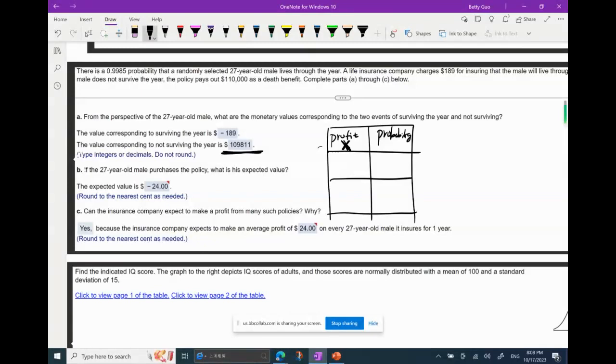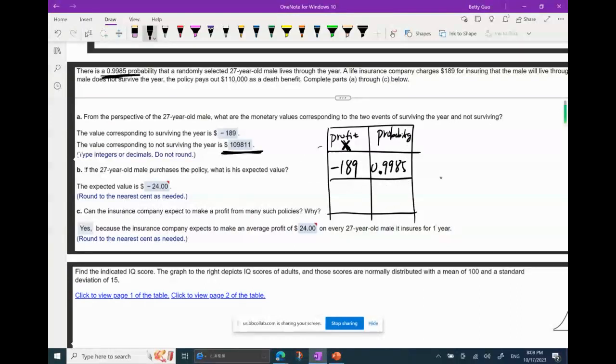In the case that the person survives, the profit is a negative 189, and the probability of surviving, as given, is 0.9985. That's the money gain or loss, and its corresponding probability.